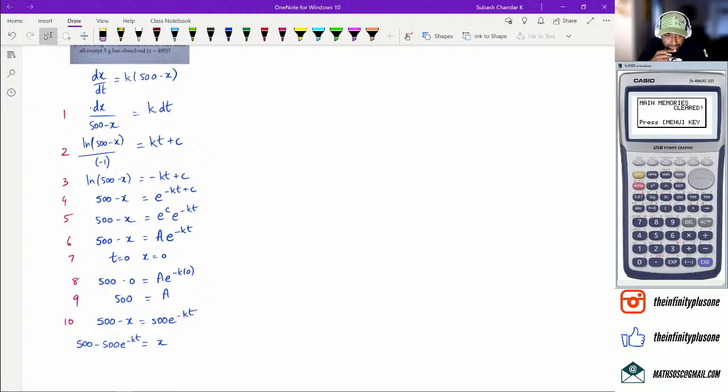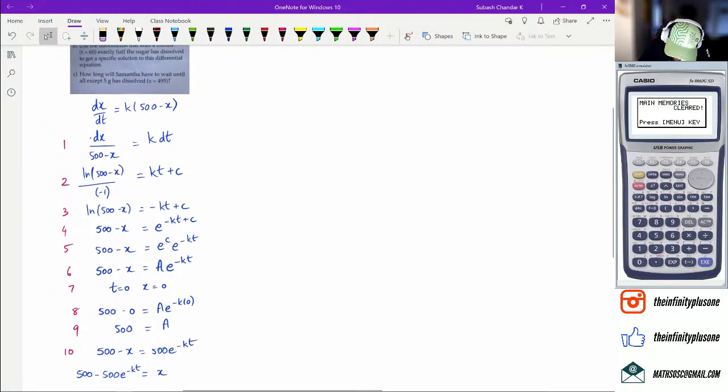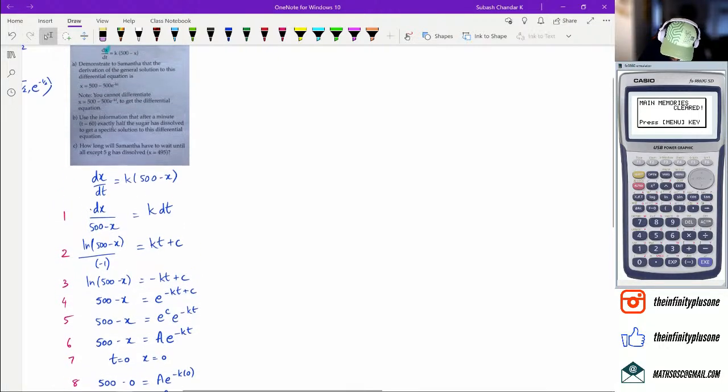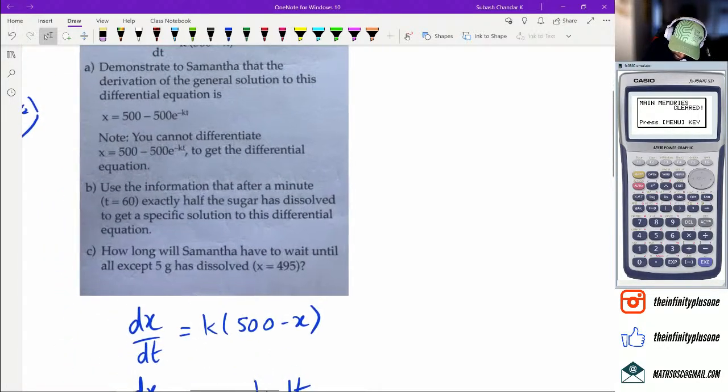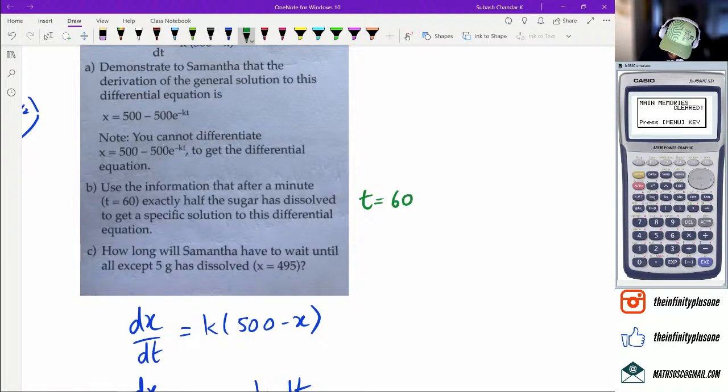But before we do that, we've actually got to figure out what the k value is, right? So to figure out the k value, what we know is this. We know that t is equal to 60 and x is equal to 250 because it says half the sugar has dissolved after 60 seconds.